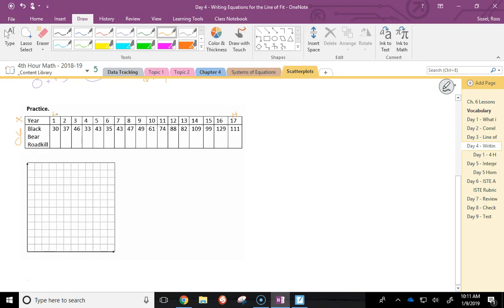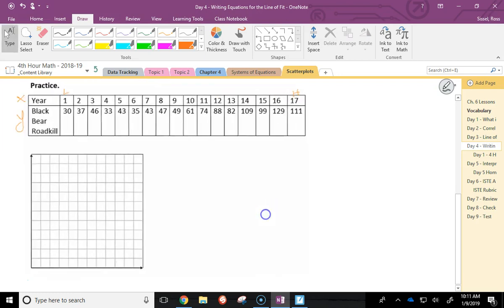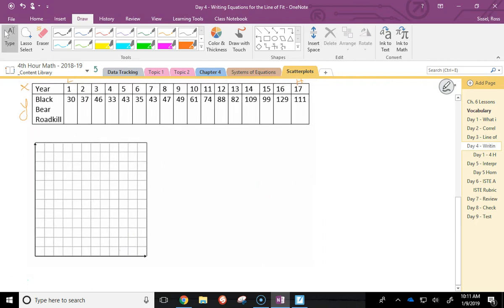Because our numbers are pretty small, I'm going to make my scale go by 2s. We could do 1.5, but here's the problem. I see the years go by 1. I know that's the pattern. It's going by 1, 1, 1, 1. So if I need a decimal at all, I'm really going to be guessing part way between everything.